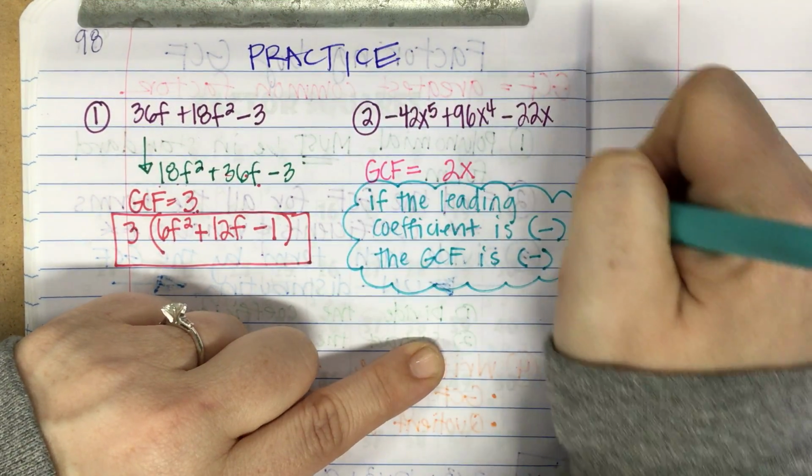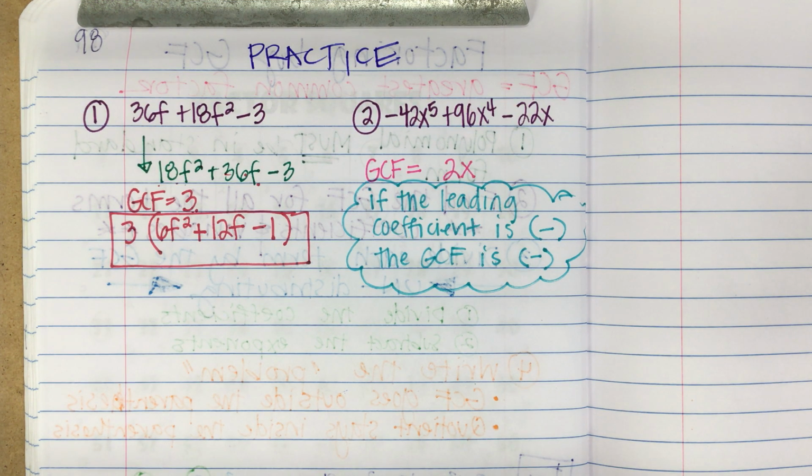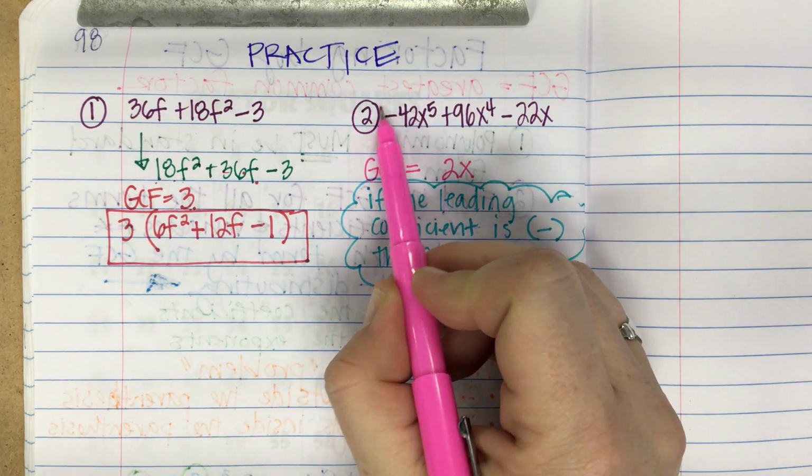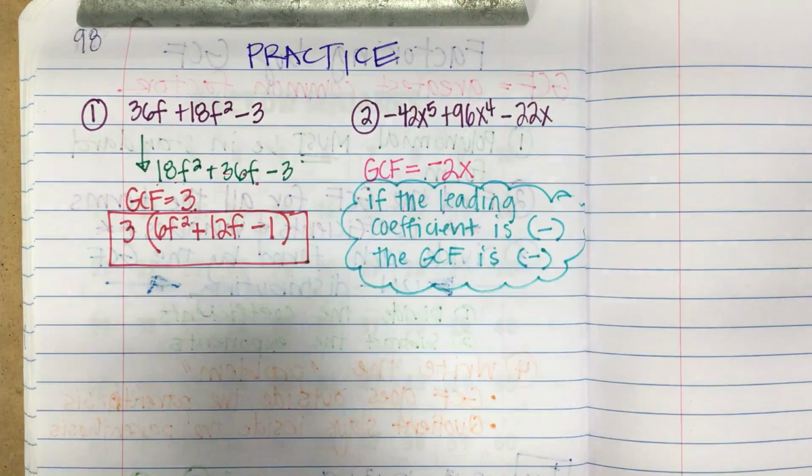If your leading coefficient is negative, your GCF also needs to be negative. So in number 2, is my GCF negative? Because my leading coefficient is negative 42, I need to factor out that negative.